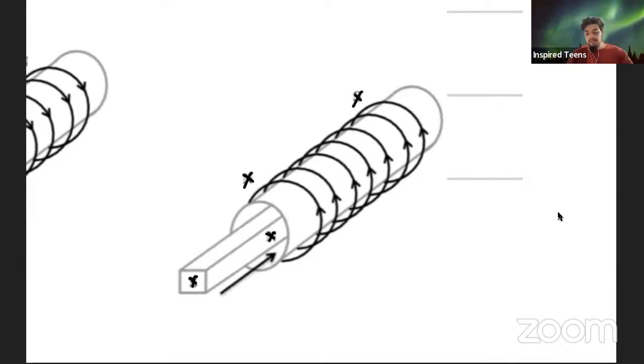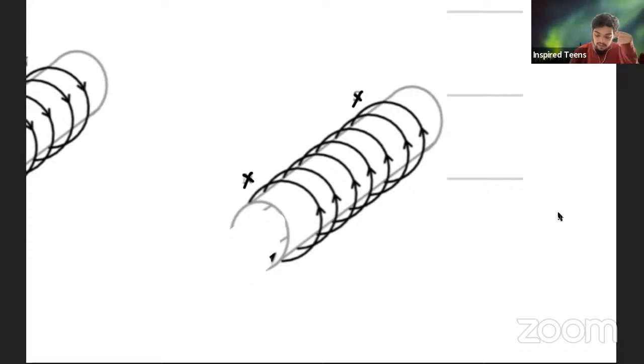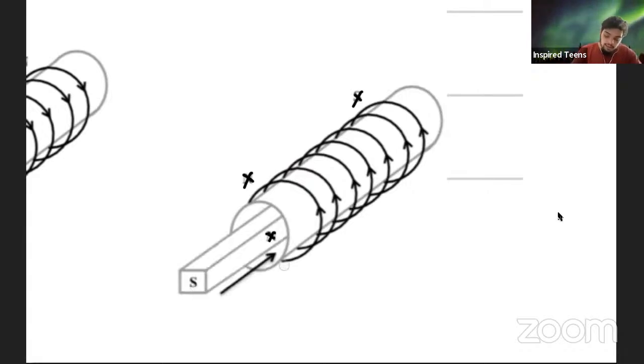Basically, as you can see, we have this wire that has no current. Before the magnet even existed, we can get rid of the magnet for now, we just have this solenoid, and there's no current passing through it. It's just conductive material like copper or any type of wire wrapped around a cylinder.